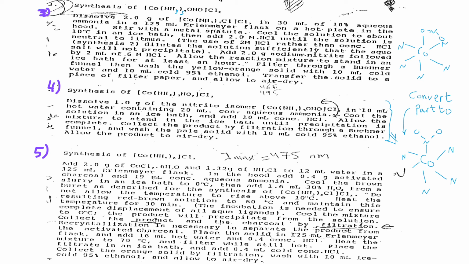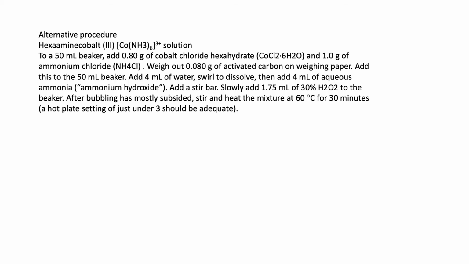And the last complex, the hexaamine complex, you can prepare in this procedure: in a 50 ml beaker, 0.8 gram cobalt chloride hexahydrate, 1 gram ammonium chloride, then 0.08 gram activated charcoal. Add 4 ml water.